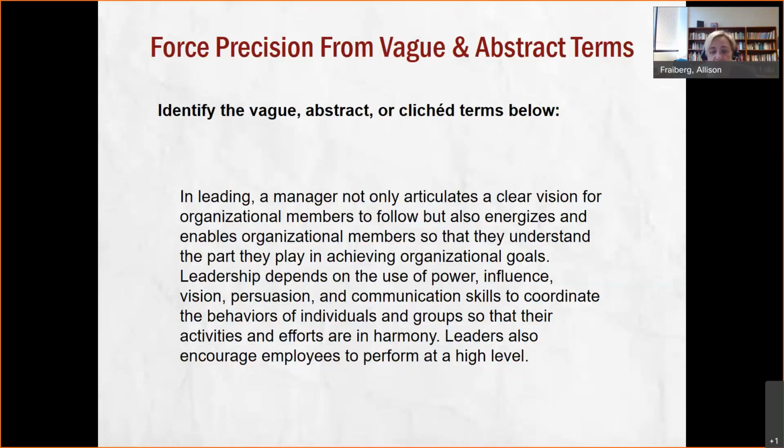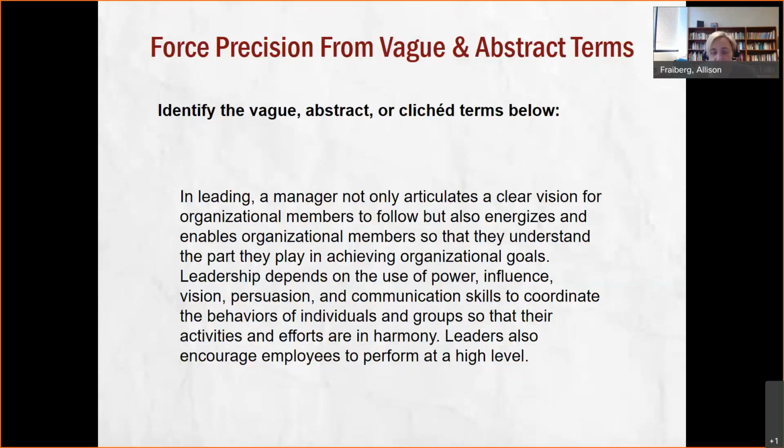Leadership depends on the use of power, influence, vision, persuasion, and communication skills to coordinate the behaviors of individuals and groups so that their activities and efforts are in harmony. Leaders also encourage employees to perform at a high level.